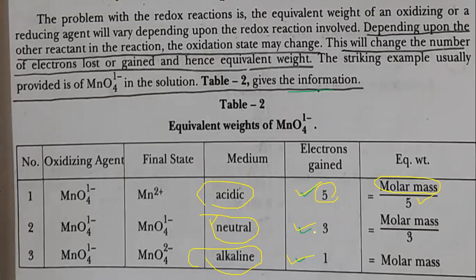In the neutral condition, molar mass of KMnO4 should be divided by 3. And in the basic condition it takes only 1 electron, therefore molar mass upon 1. This will give you the equivalent weight of KMnO4 in the basic condition.